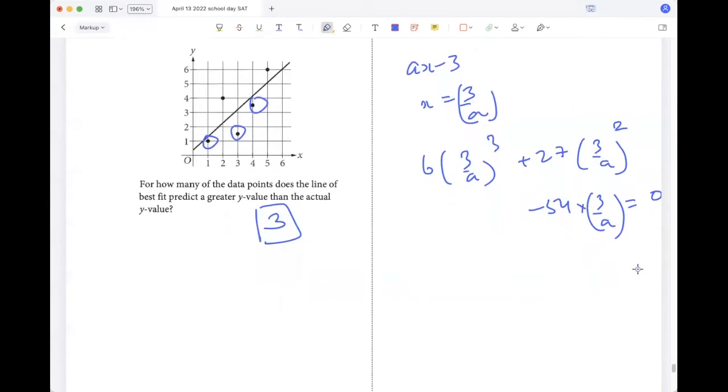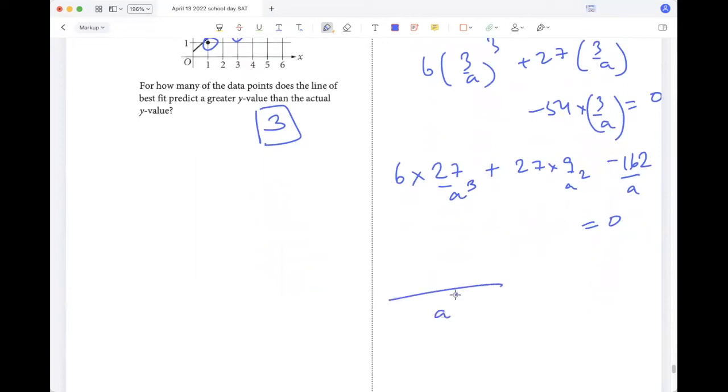Okay, so this becomes 6 times 27 by A cubed plus 27 times 9 by A squared minus 2 times 81, that is 162 by A, should be 0.